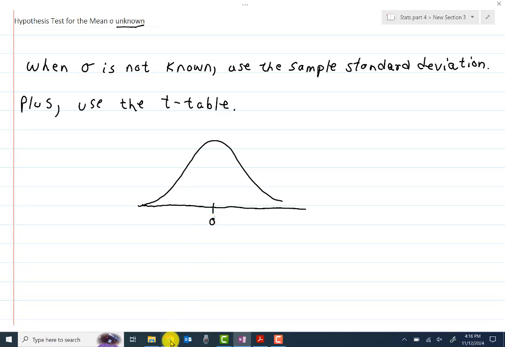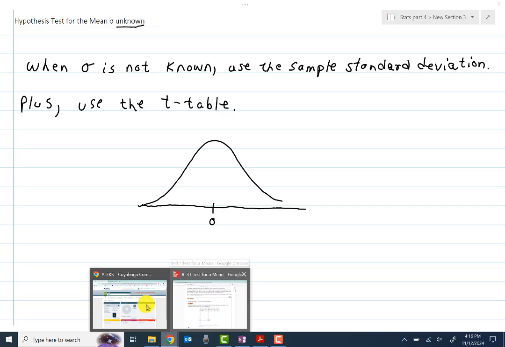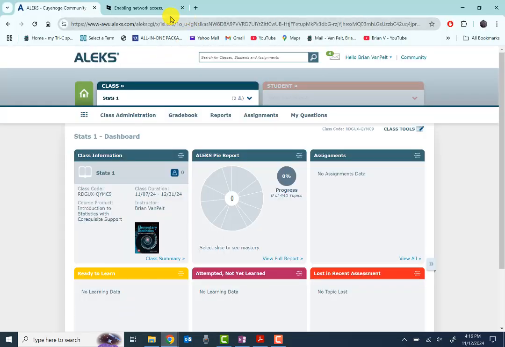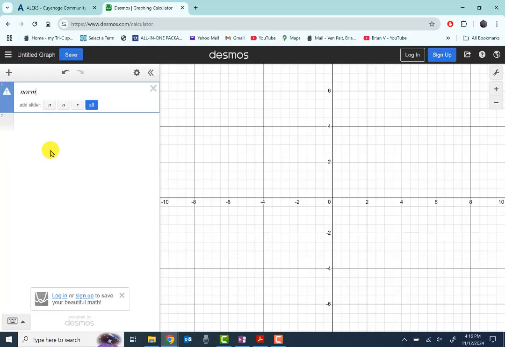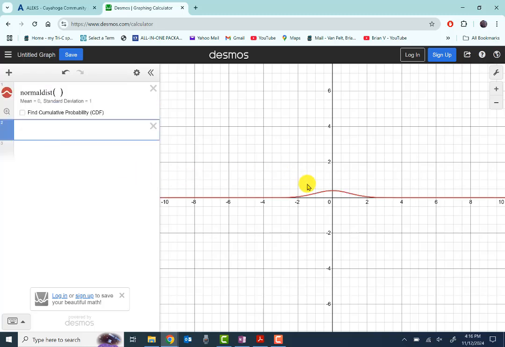We'll go into Desmos, and I'll show you what the difference is. So there's the normal distribution. And the T distribution requires something called degrees of freedom. I'm going to put in a number.